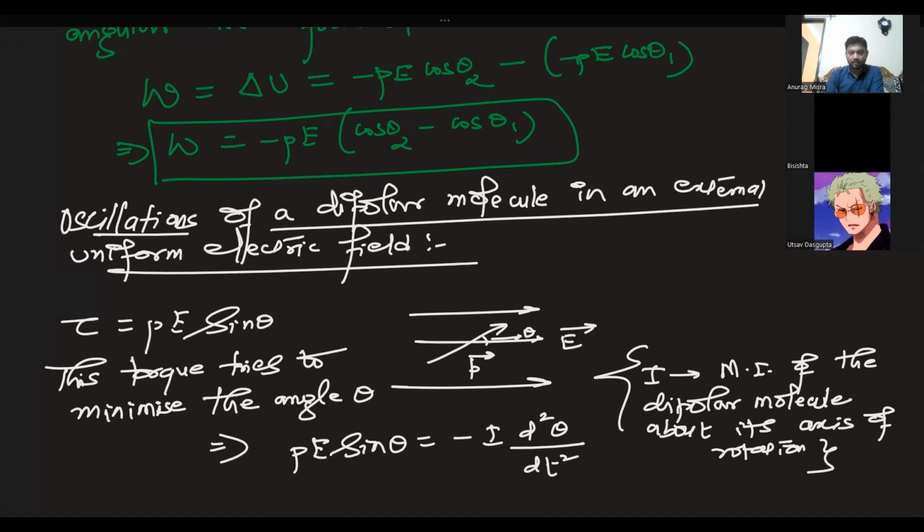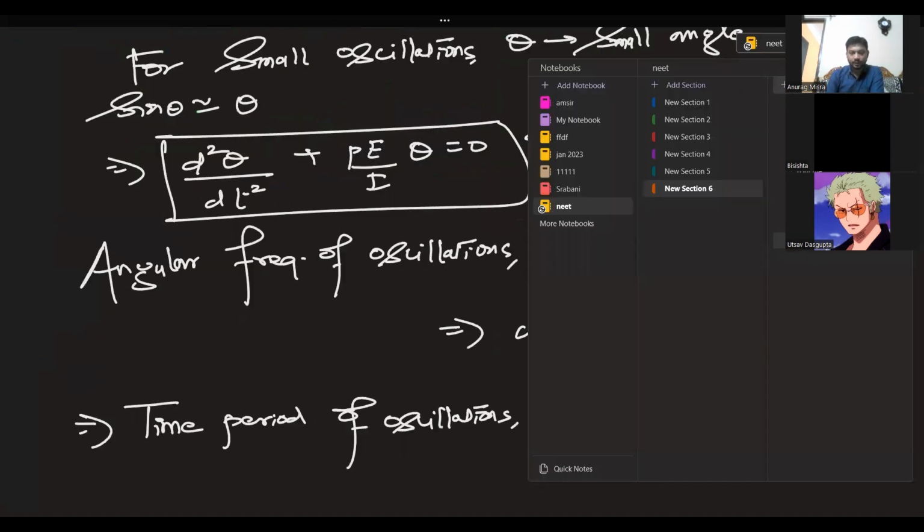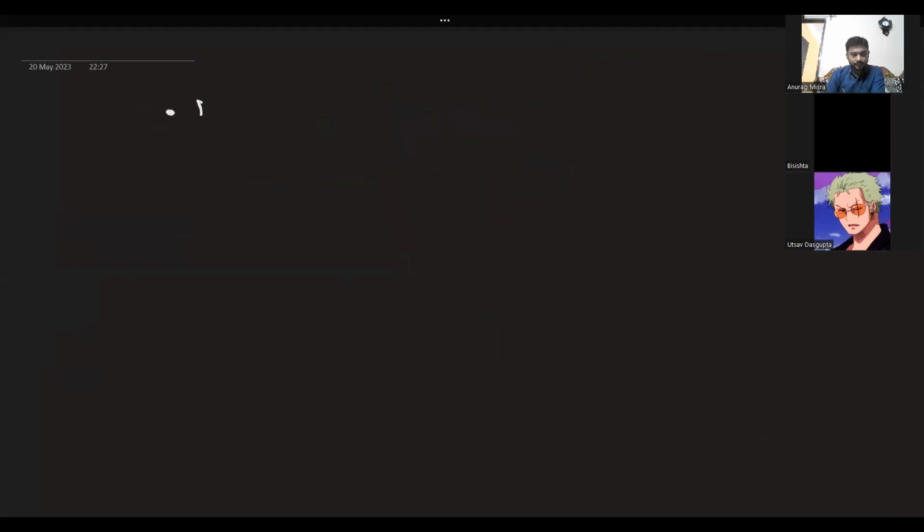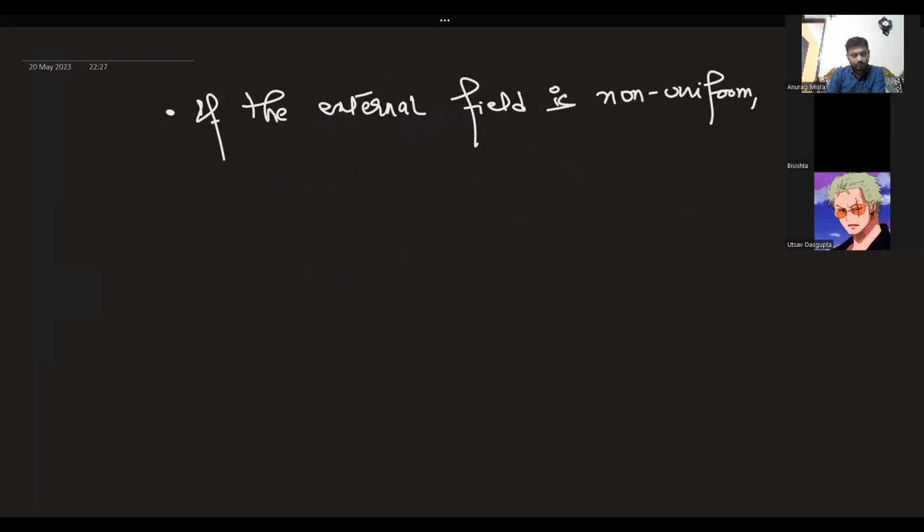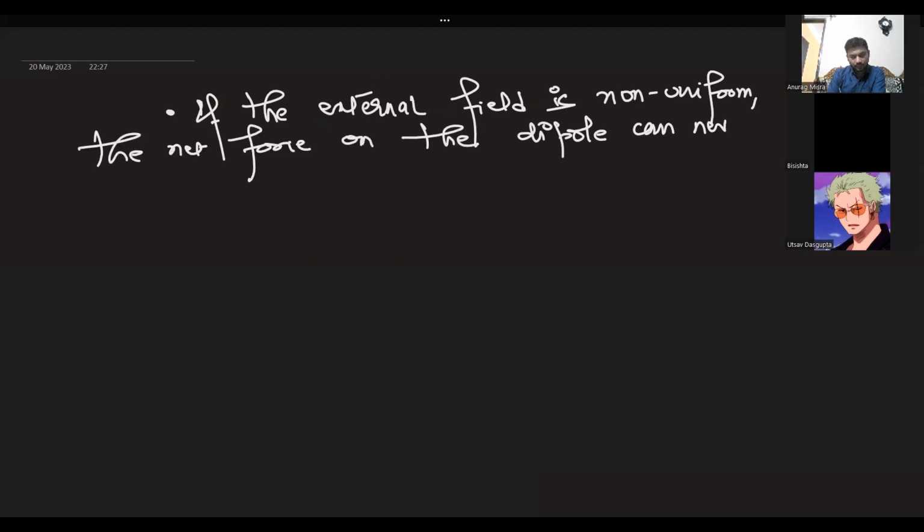Now, the next point we should remember: if the external field is non-uniform, the net force on the dipole can never be 0, but the net torque can be 0.